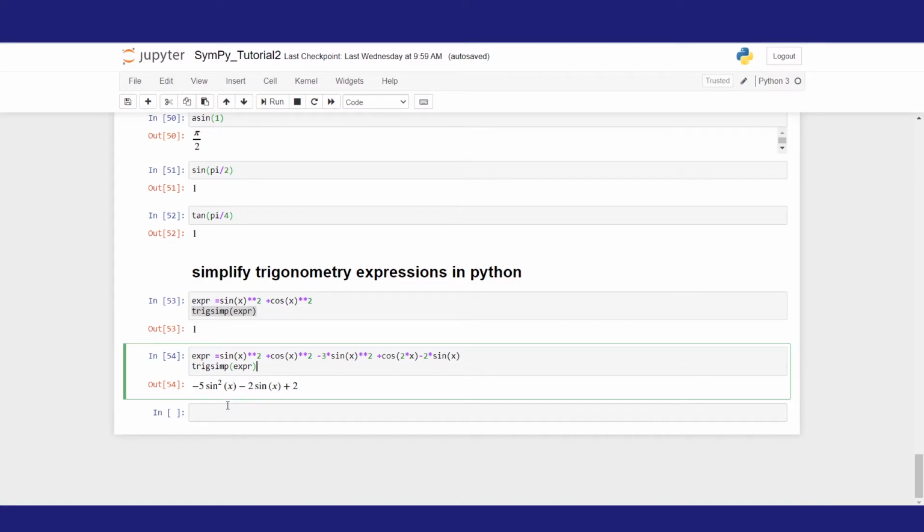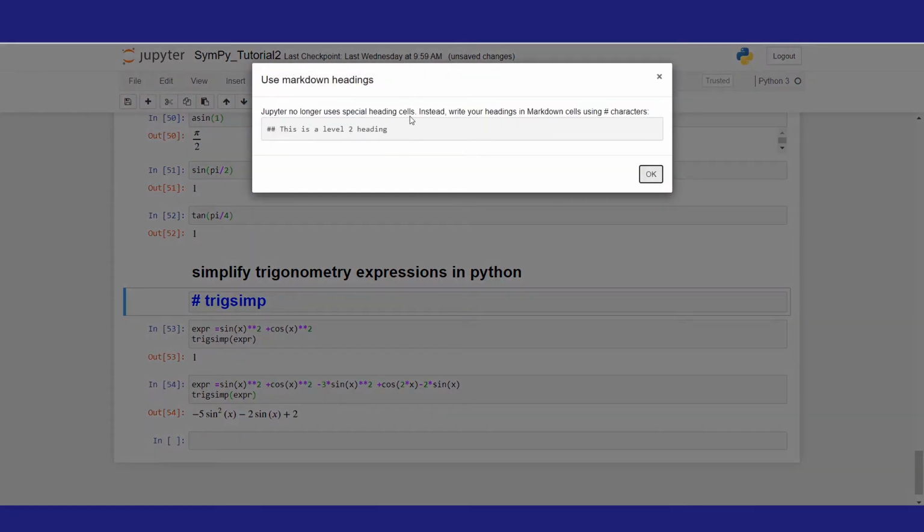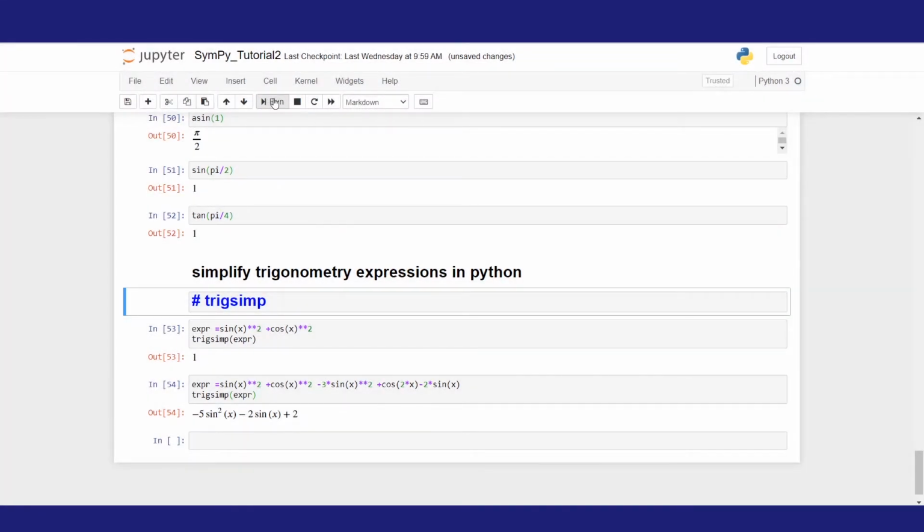So let's try to look at the expand function. Basically, what we looked at here, I will make this one a small heading, the trigsimp function, and this is what we have been using.